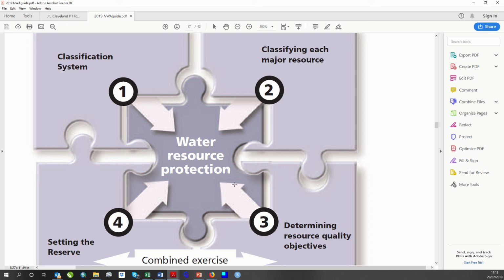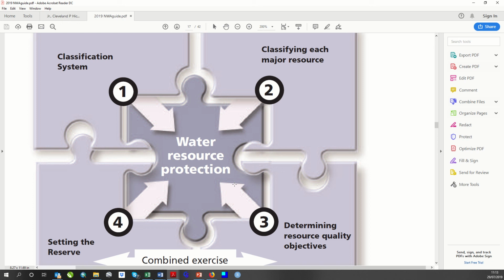You need to actually do it. Then we need to determine objectives to make sure that the balance is going to be achieved. And we need to set the reserve. So these are the four important components of how to achieve this protection through the Water Act. The Water Act tells us how to do it. Chapter 3 of the Water Act.